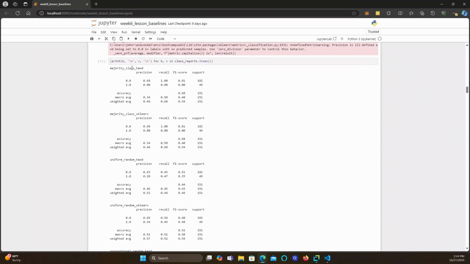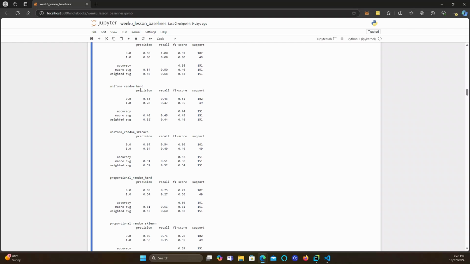But it doesn't matter, okay? So majority class by hand, our accuracy was 68. You can see our precision and recall for zeros was okay, I guess. 100% recall. But since we never predicted a 1, we get zeros across the board there. Our majority class from scikit-learn is exactly the same.